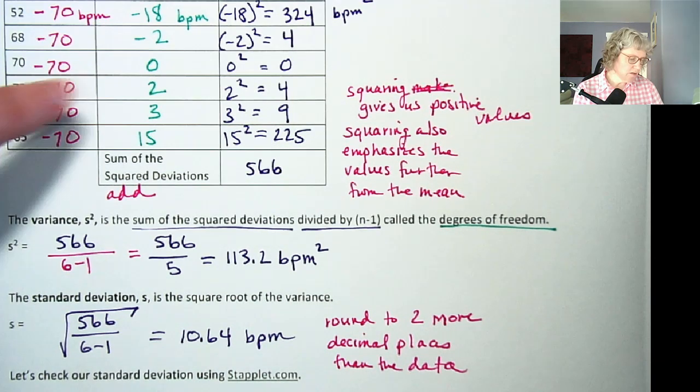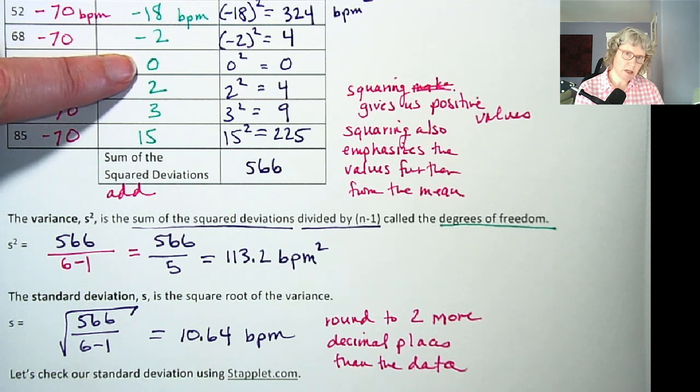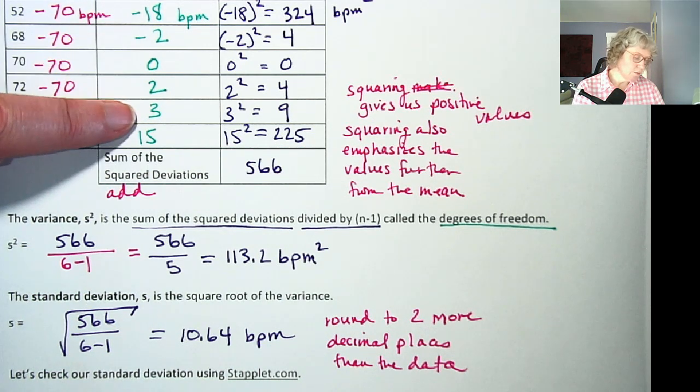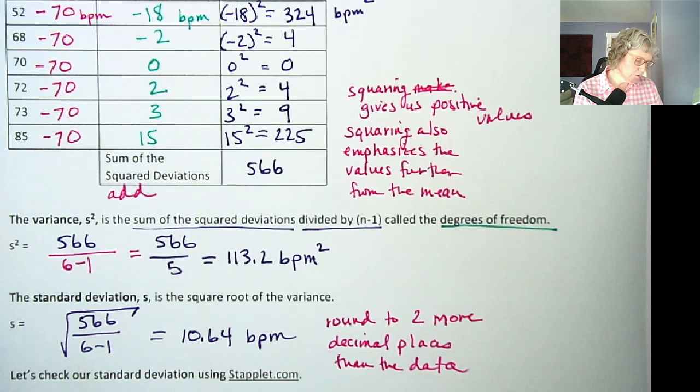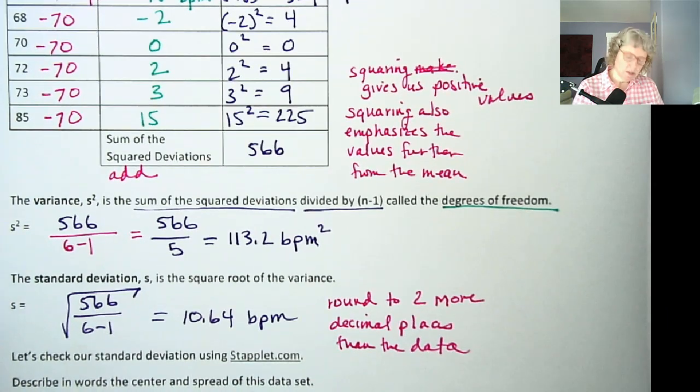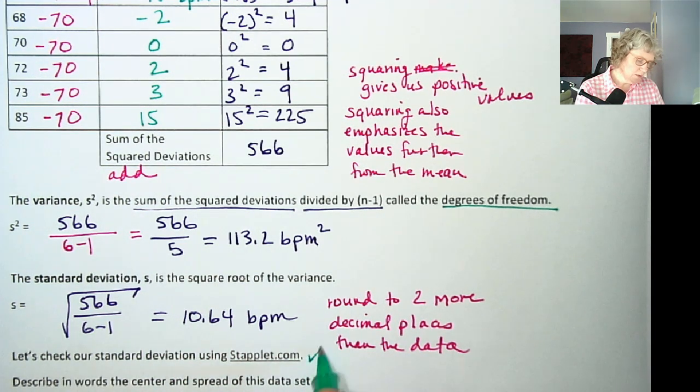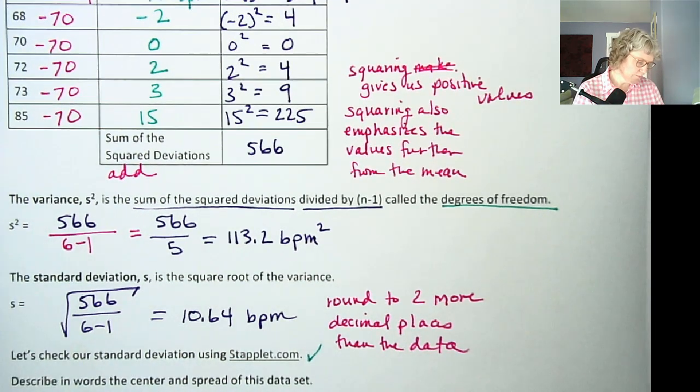And so it kind of is an average. Like we had some 0 away, 2 away on each side, 3 away, and then the 15 and 18. So those really brought that average up, right? That's the average from the mean. Okay, so we did check our standard deviation using Staplet.com. So I'm going to put check right there.